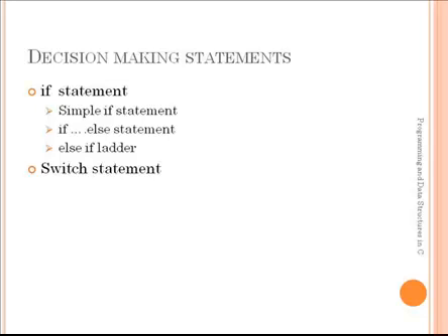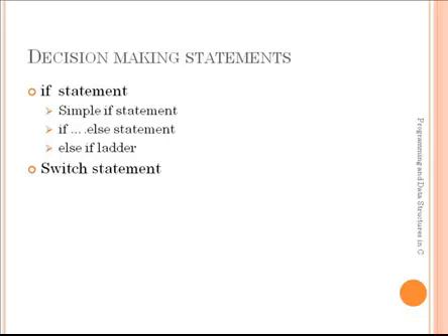The if statement is a powerful decision making statement. It is basically a two-way branching statement. The generic form of if statement is if (test expression). Whenever this type of statement exists in your program, the computer first checks the test expression.